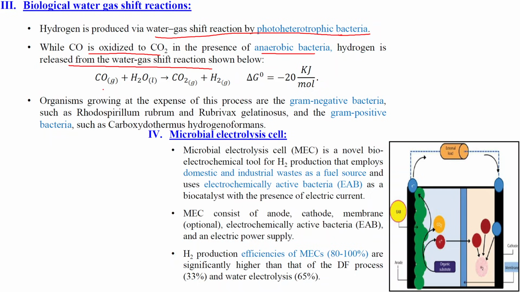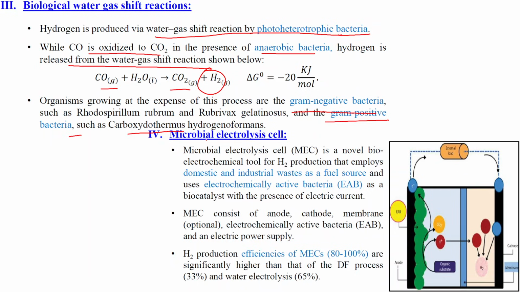Organisms growing at the expense of this process are gram negative bacteria, such as Rhodospirillum rubrum or Rubrivivax gelatinosus, and gram positive bacteria such as Carboxydothermus hydrogenoformans.